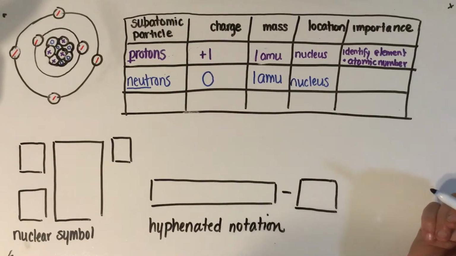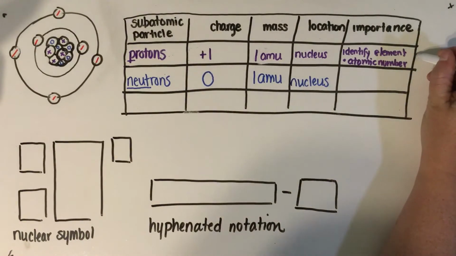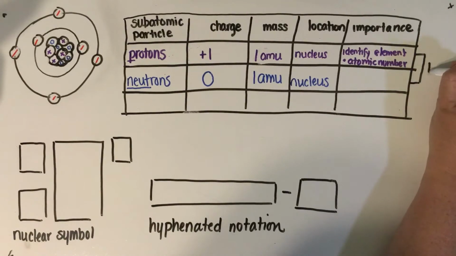Neutrons will help us determine what is known as the mass number of our element. But the mass number for each of the atoms within an element might be slightly different. If we add the number of protons and the number of neutrons together, we get the mass number.